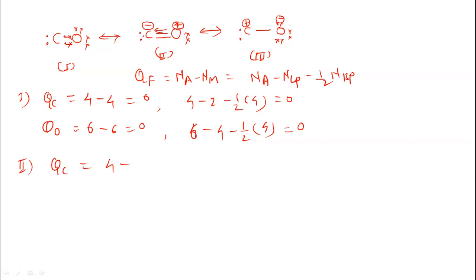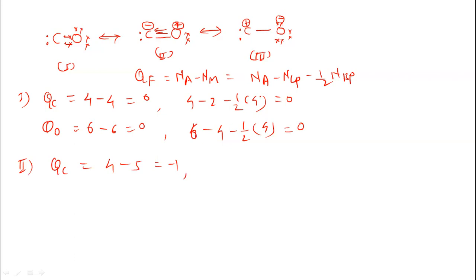You can see here, these 2 electrons, this is third, this is fourth, and this is fifth. 5 electrons are there. So 4 minus 5 is equal to minus 1. So formal charge on the carbon is minus 1, due to shifting of the electrons toward the carbon.